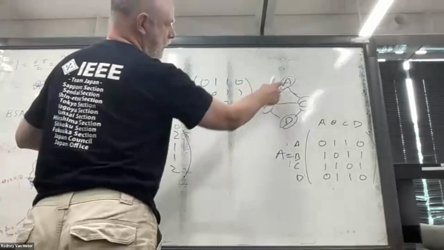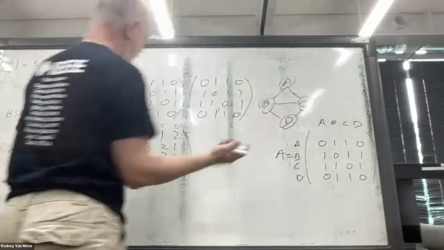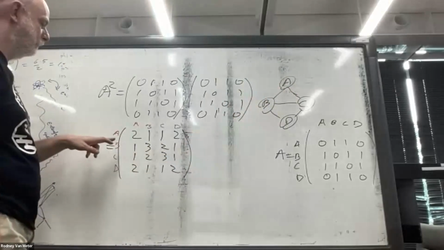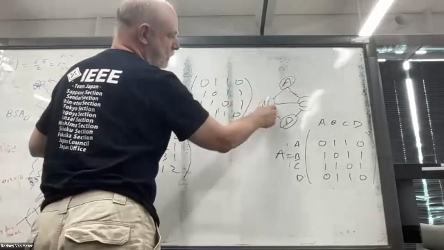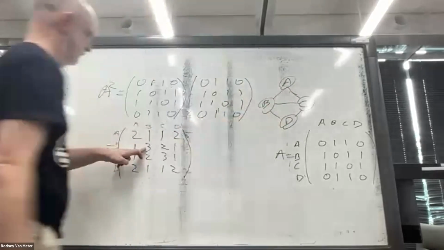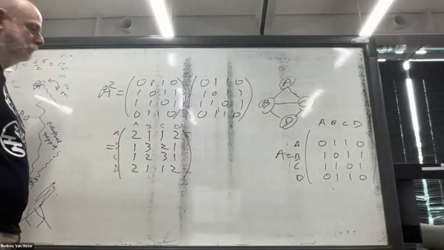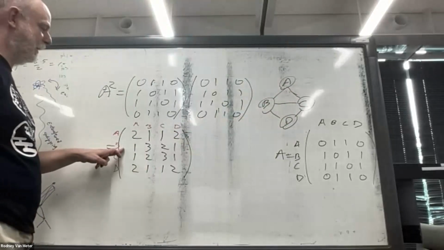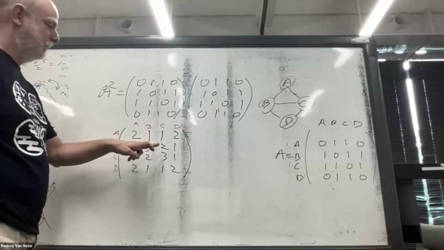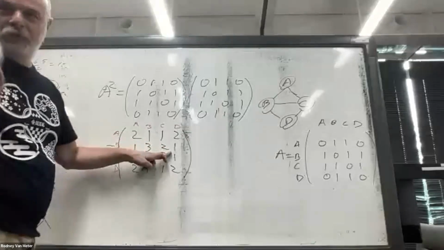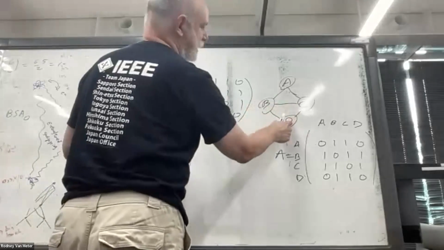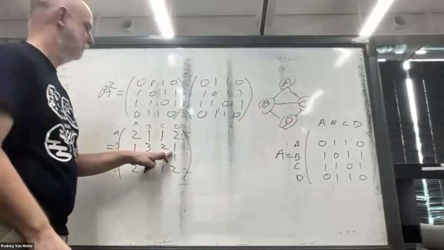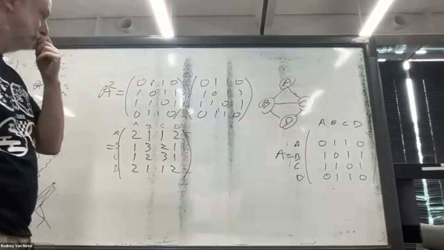So you can go A to B to A, or A, C, A. Starting at B and ending at B, there are actually 3: BAB, BCB, BDB. Starting at B and ending at D after 2 steps, there's exactly 1 path, B to C to D. That's the only way to get there. Good.